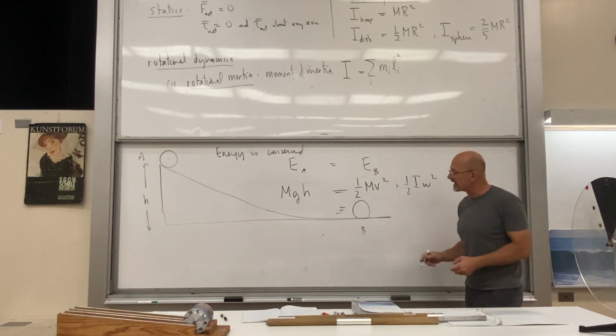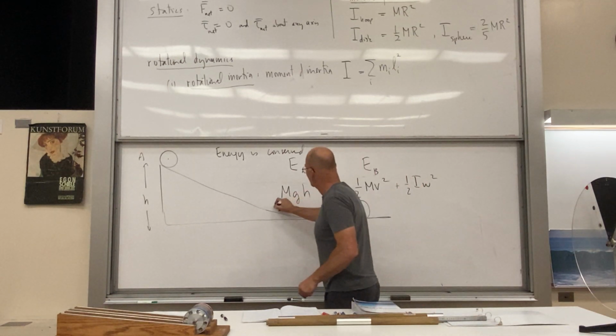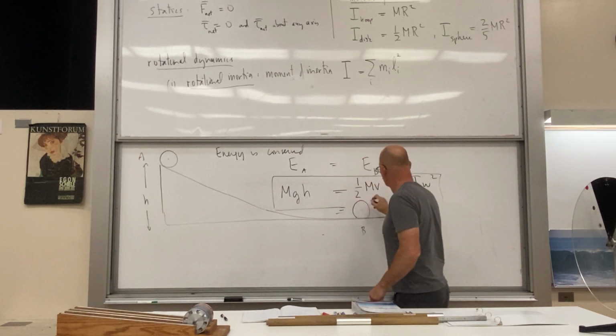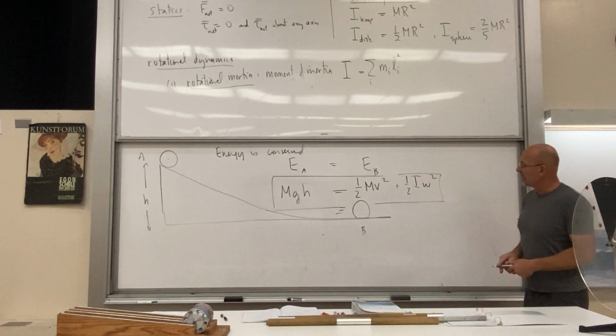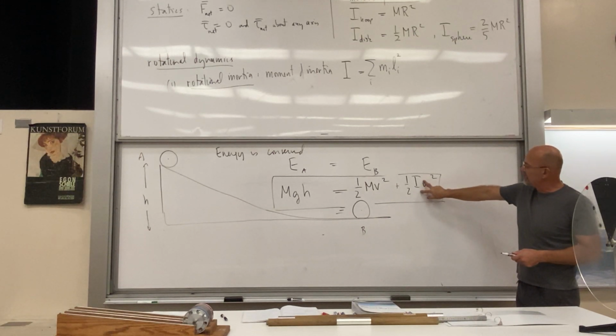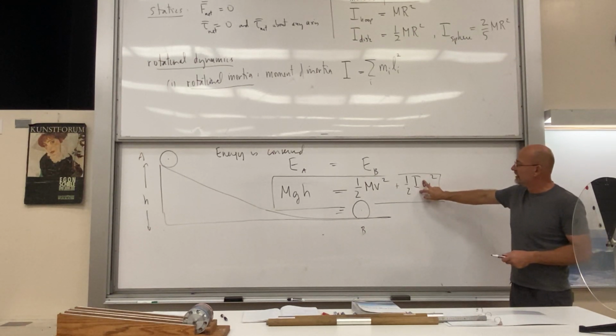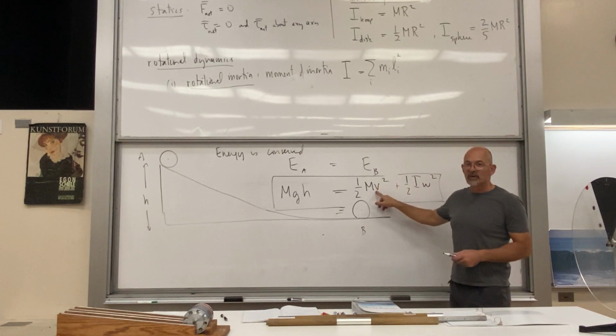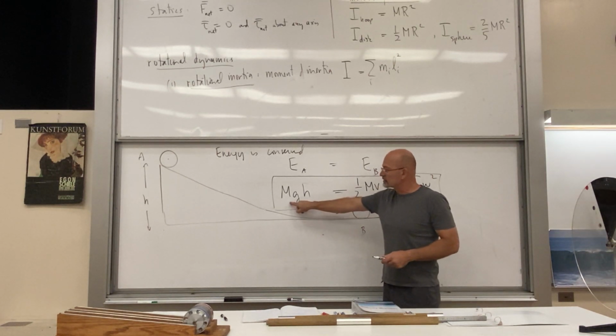It has two kinds of kinetic energy. And you could say the more that is stuck in here, the smaller the speed is going to be, because this is what we have to work with, mgh.